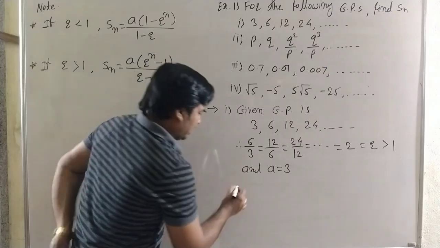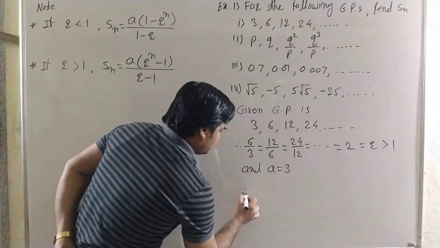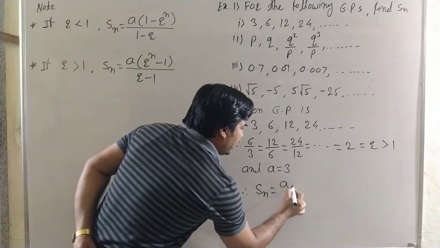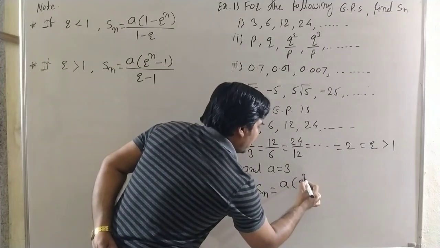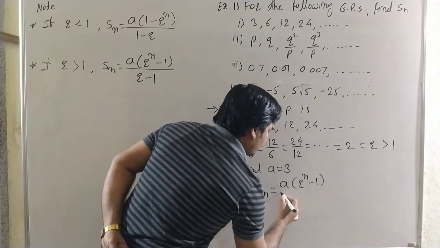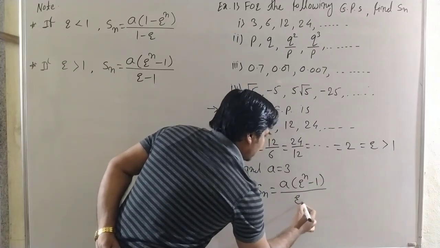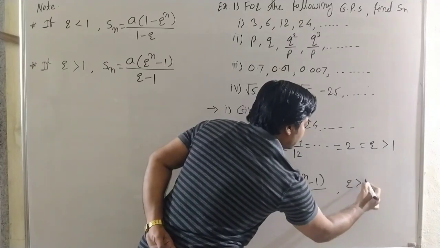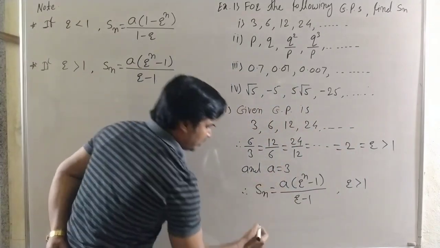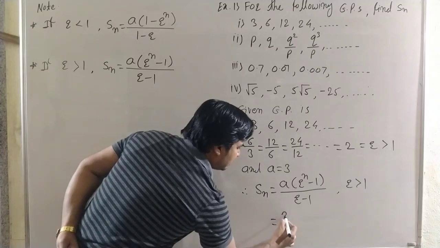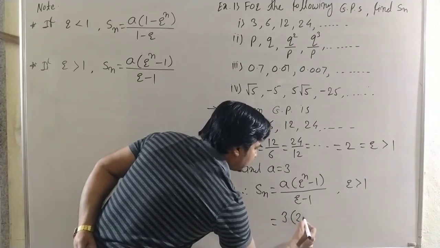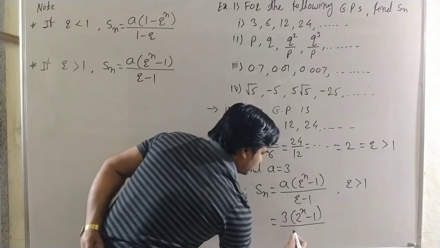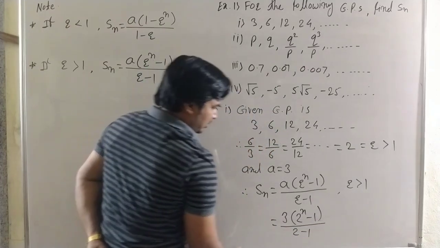Therefore Sn is equal to a into r to the power n minus 1 upon r minus 1, for r greater than 1. Now put the values: 3 into 2 to the power n minus 1 upon 2 minus 1.